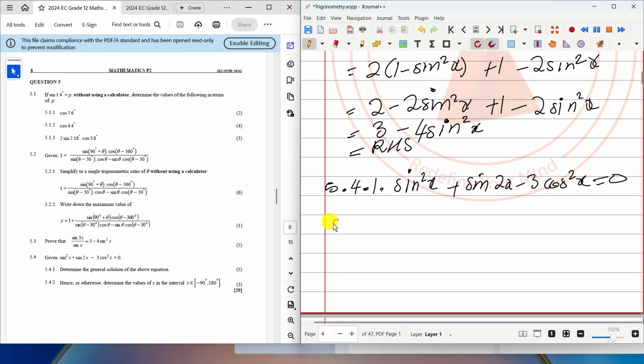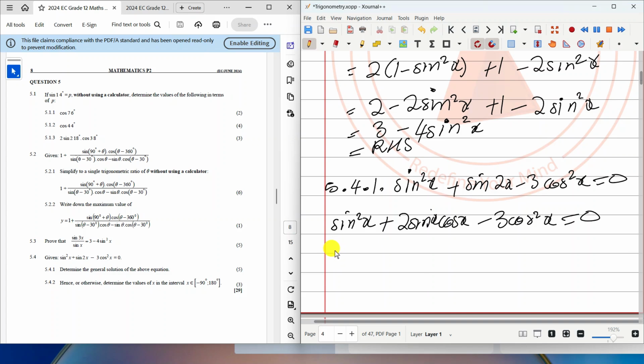What is this? We know that sine 2x is 2 sine x cos x, and then minus 3 cos square x equals 0.